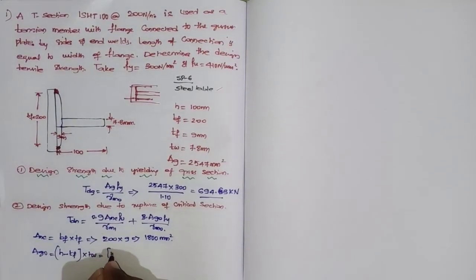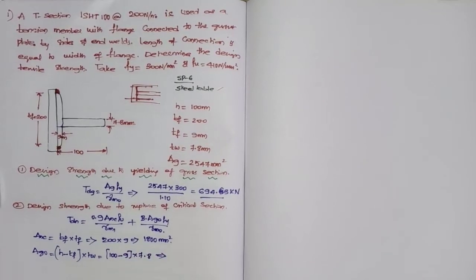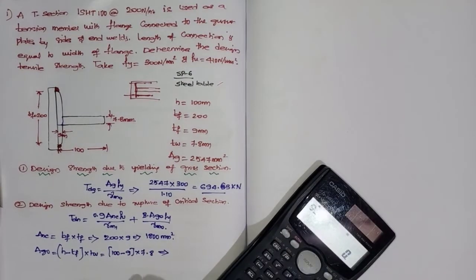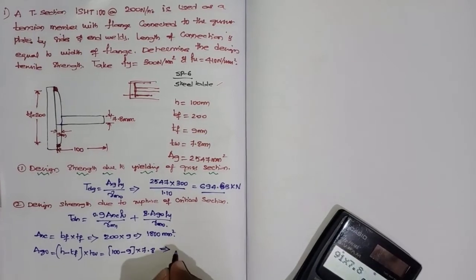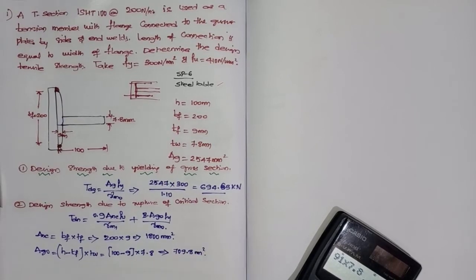So 100 minus 9, it is 91, into 7.8. So you are getting 709.8 mm square. Okay, right.